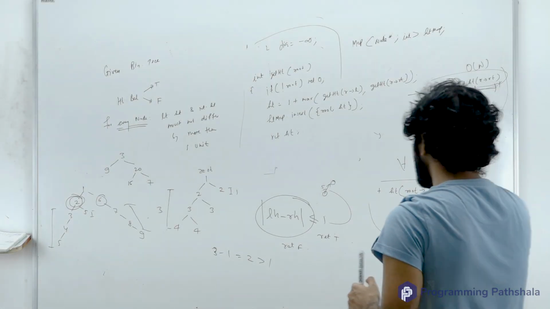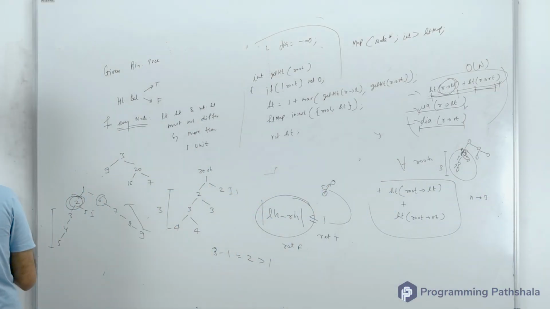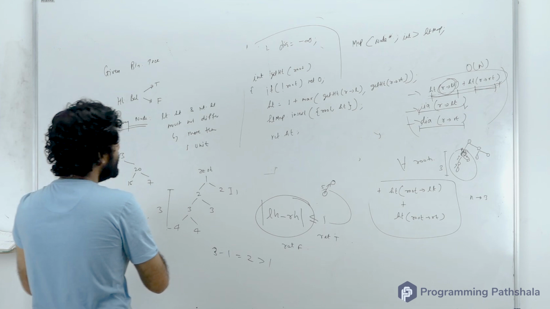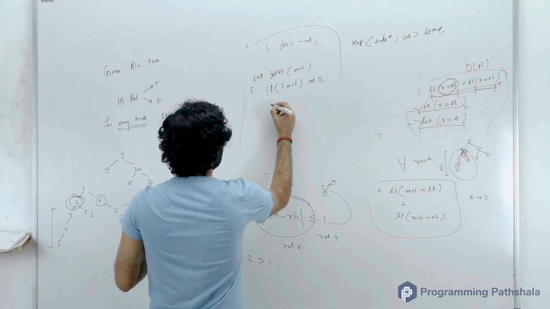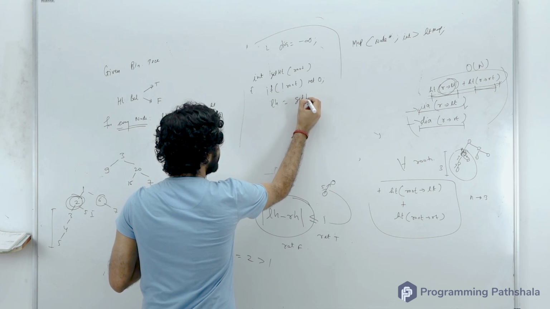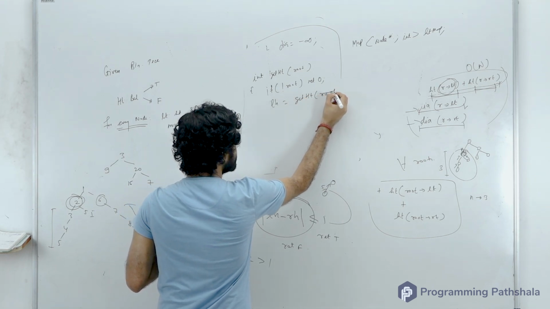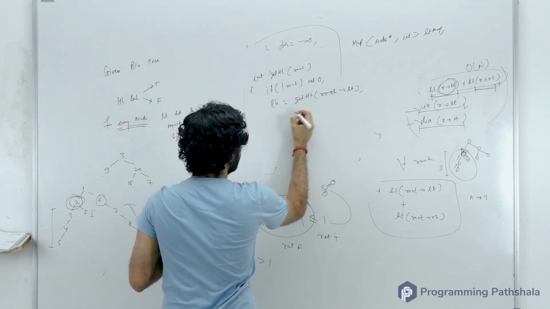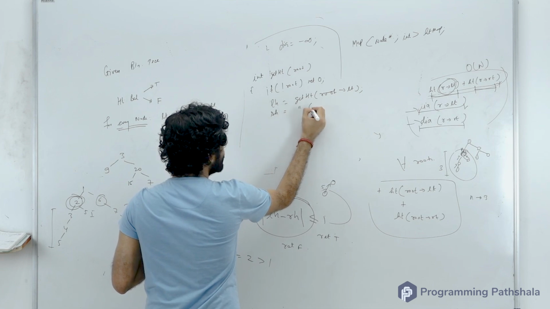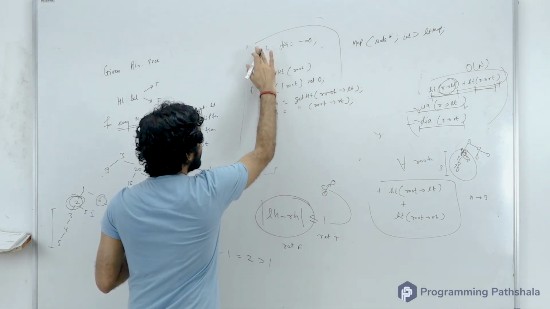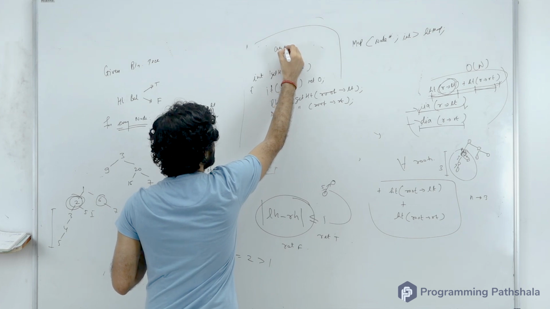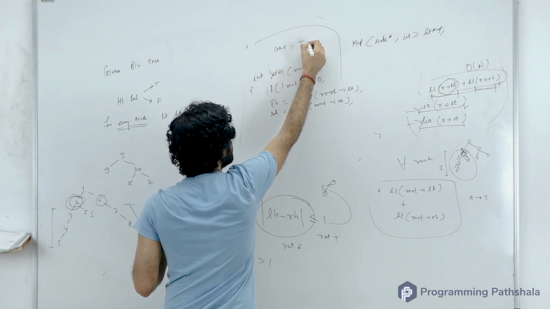So all that I need to do is again have a variable left height, which will store the height of my left subtree, and right height, which will store the height of my right subtree. And I have an answer which by default is true.